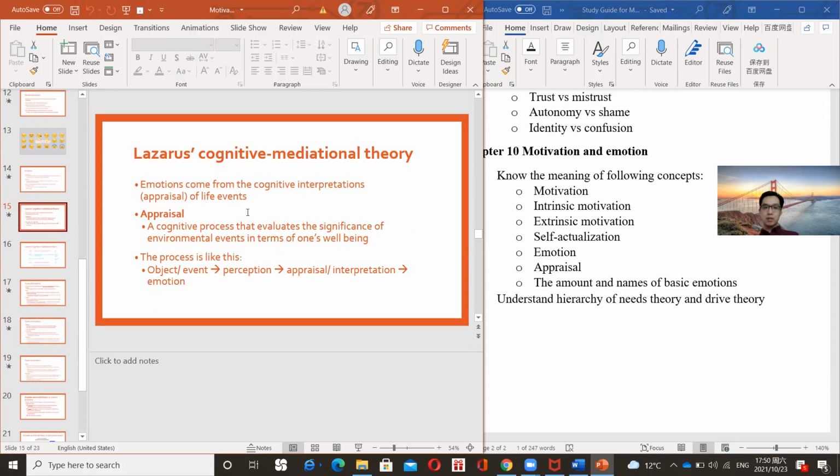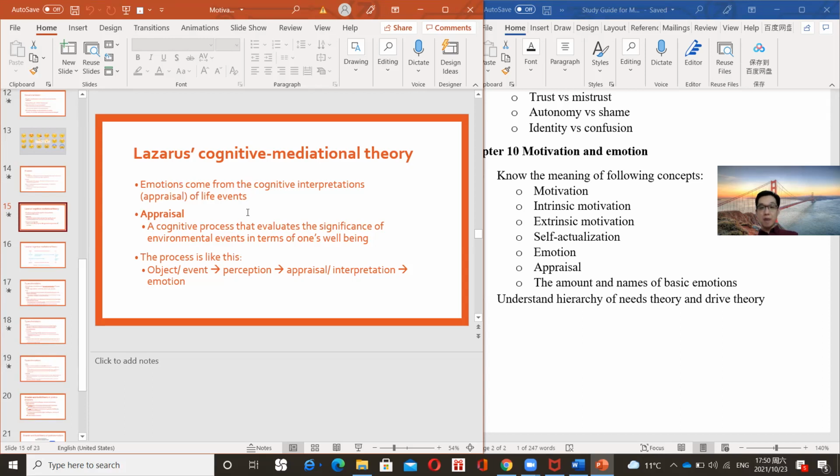He discovered that when something happens or there is an event, people need to have a perception of that event for sure. But after perception, people have a cognitive process called appraisal.